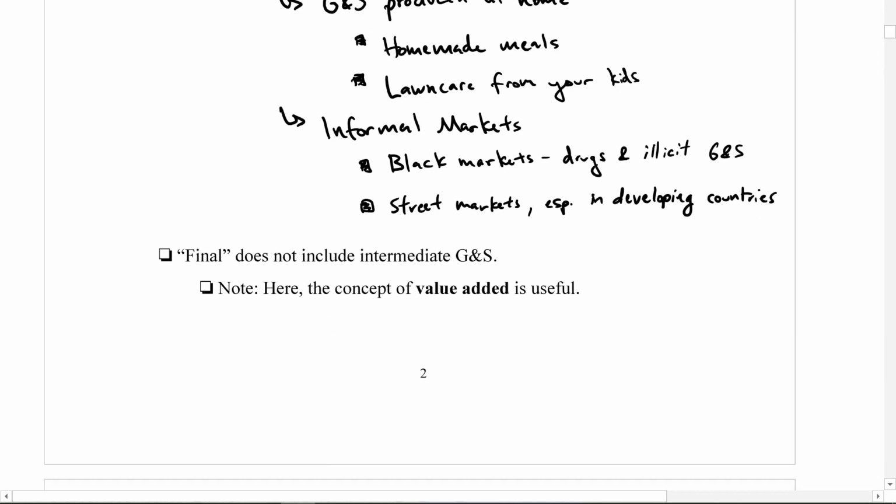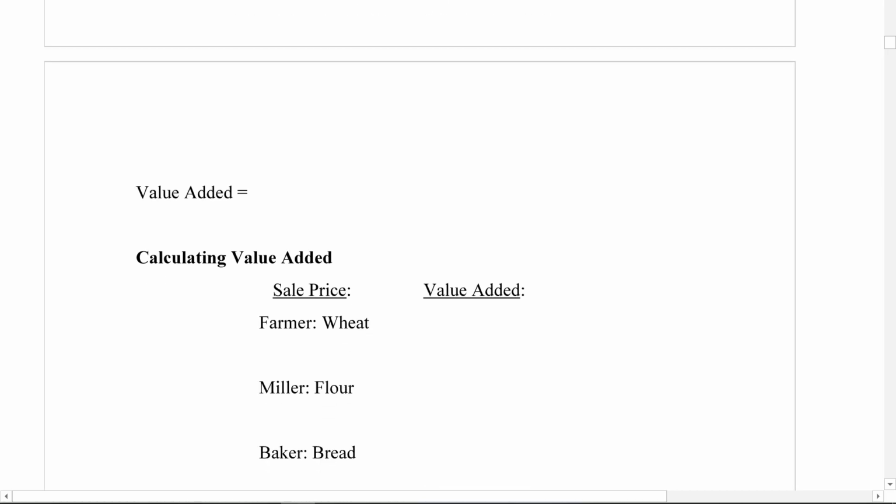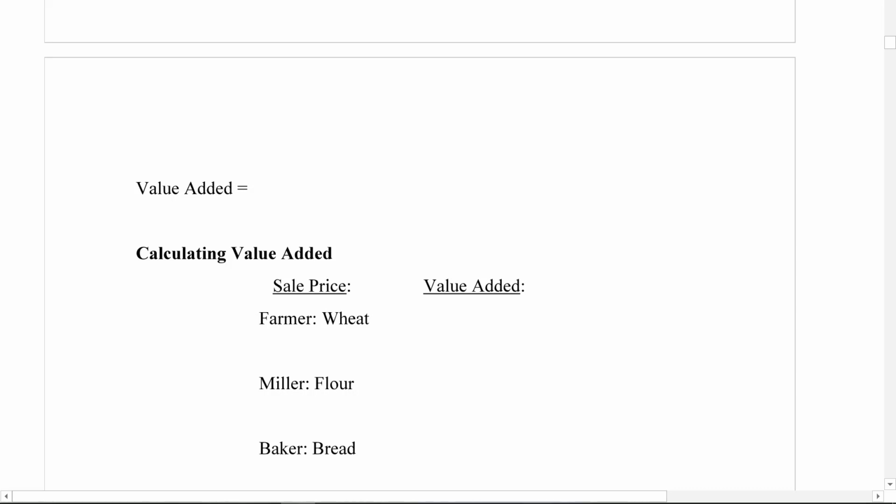So here, this idea of value added is useful, and the same idea, like the cars, we're going to use this example with bread and all of its intermediate inputs as well. So our little formula for value added is the value of output minus the value of intermediate goods.